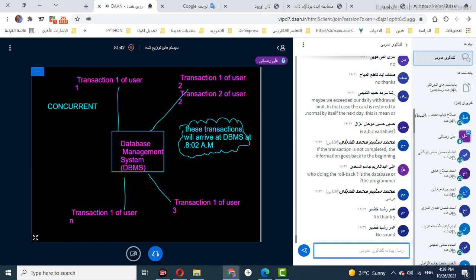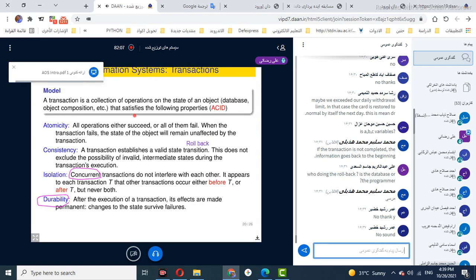The database system will try to execute these transactions concurrently. So we should have some mechanisms to let these transactions perform concurrently. This is what we call isolation.